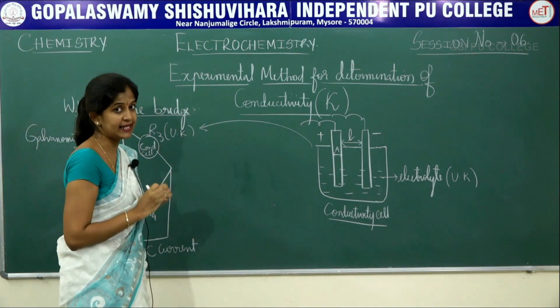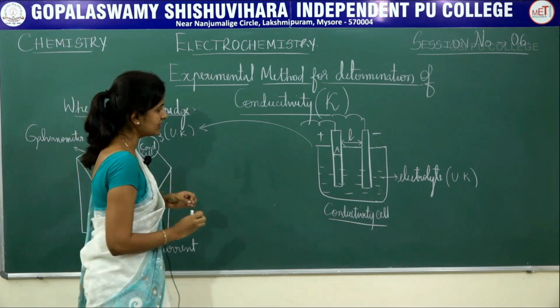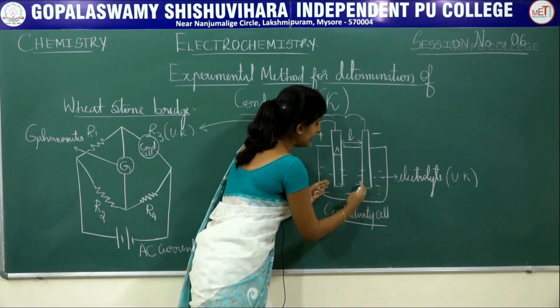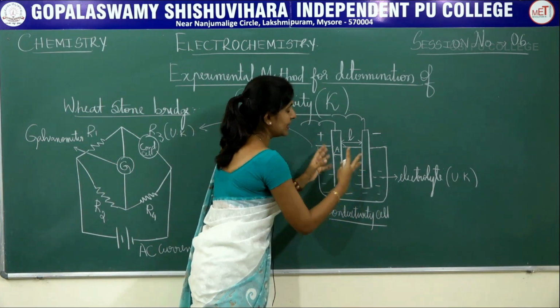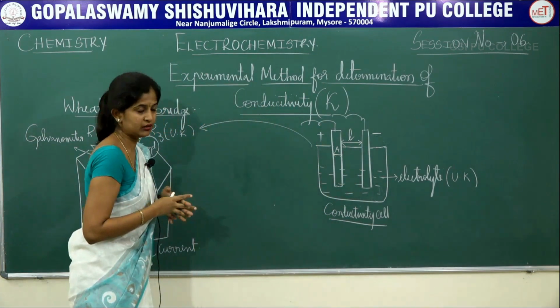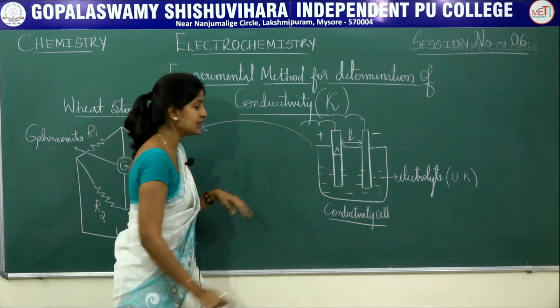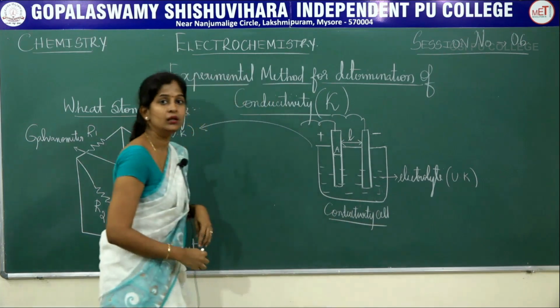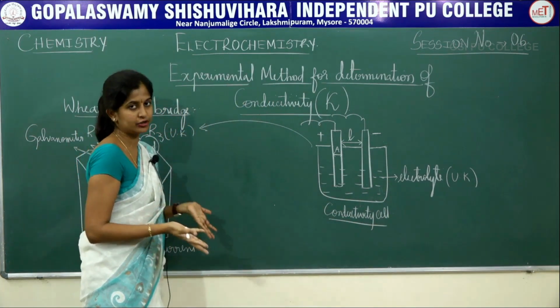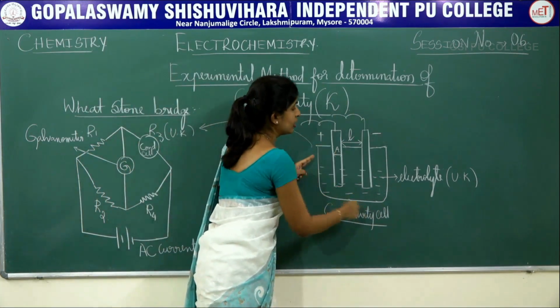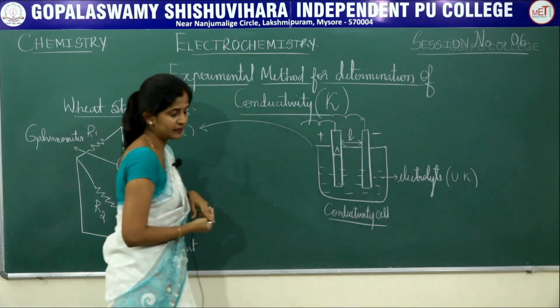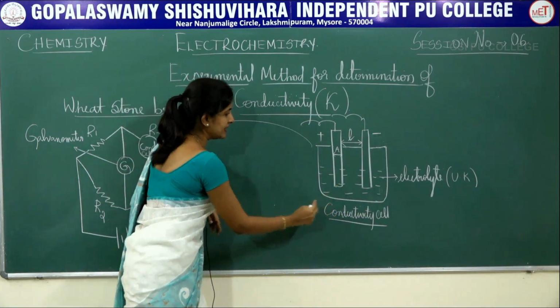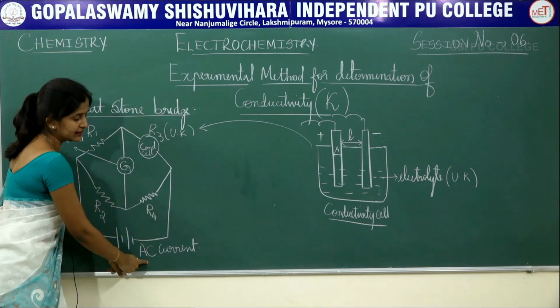But if you use a DC current, instead of conductivity, the ions will move towards the respective electrode and get deposited. Deposition of ions makes this electrolyte a non-conductor or bad conductor of electricity, that is, electricity can no more pass through this cell. As a result, instead of DC current, you have to use an AC current.